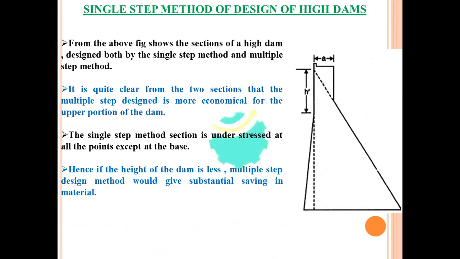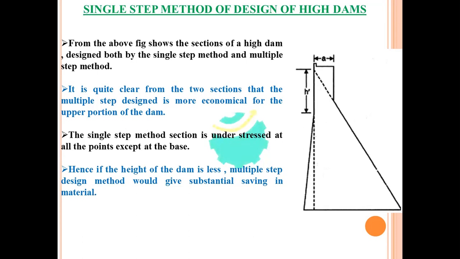So in both single and multiple section design, multiple section is more economical compared to single section. The single step method section is understressed at all points except the base. In a single section, the stresses are lower at all points compared to the multiple step design.